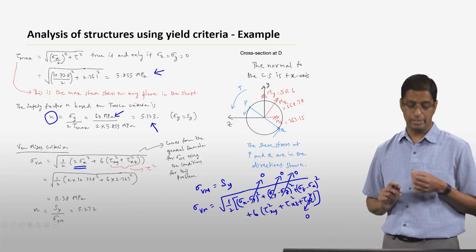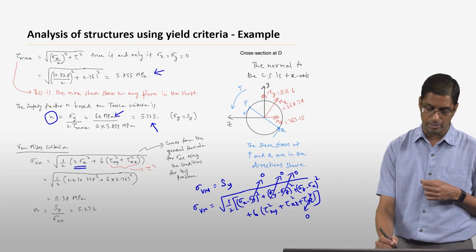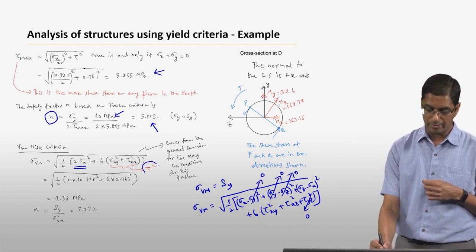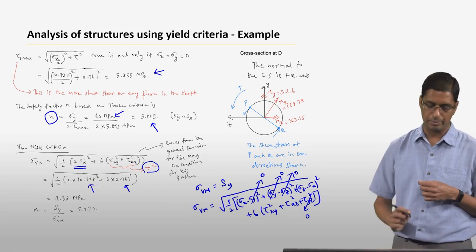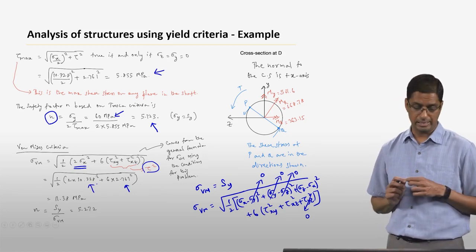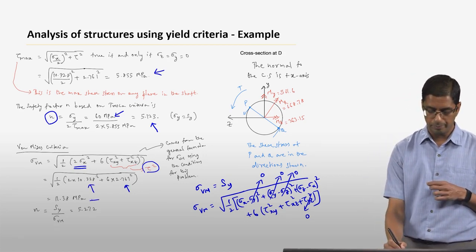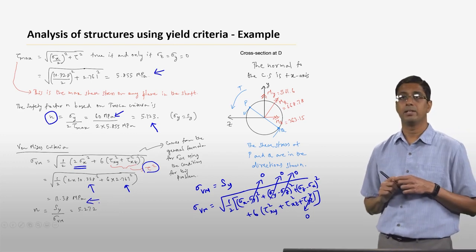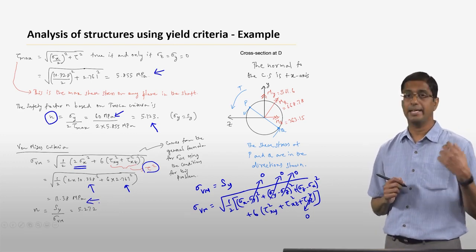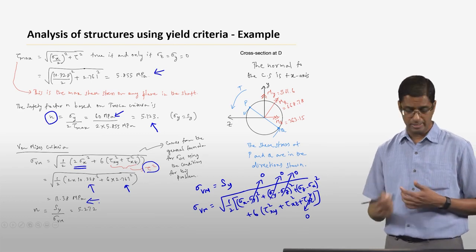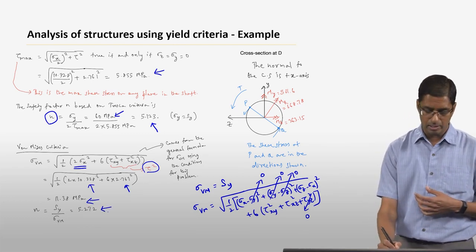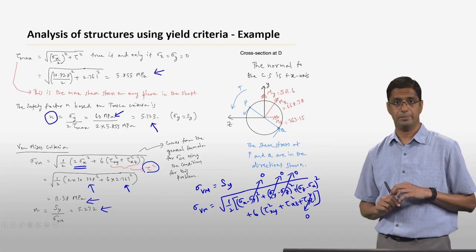You already have found the value of tau, so you substitute that in this expression. You already know what sigma x is, and you substitute that as well. You find sigma von Mises to be equal to 11.38 MPa. Now the factor of safety is going to be nothing but Sy divided by sigma von Mises, and that number turns out to be 5.272.